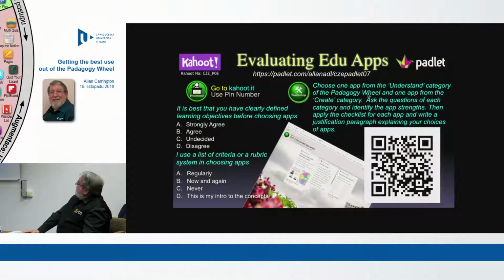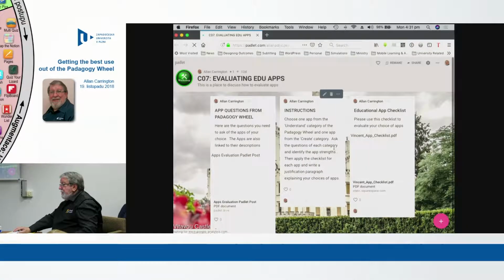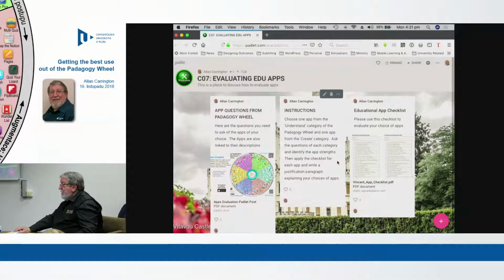Okay, now, I don't know how much time we've got to do this. This is the challenge. Have a look. Let's see what the Padlet looks like. Let's try only for 5 minutes.